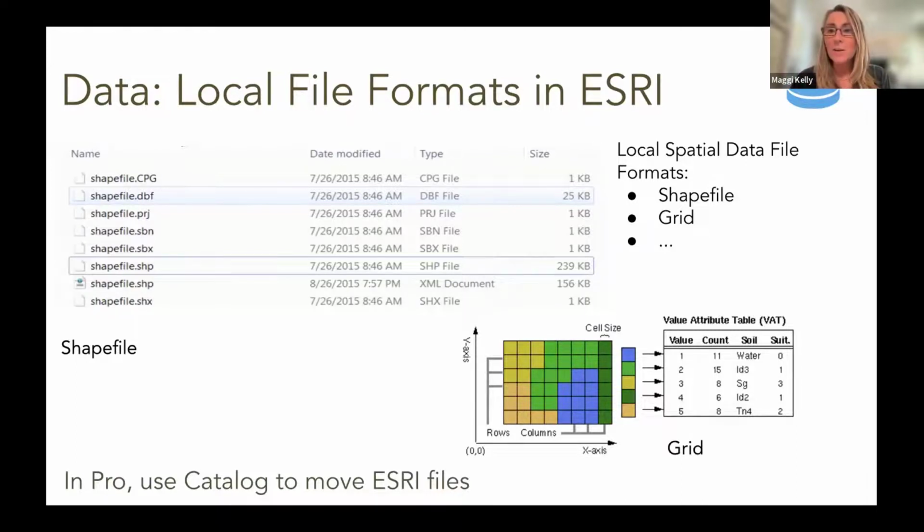And if you're brand new to GIS, don't even worry about this. You're going to encounter it maybe later, but local file formats are things like shapefiles or grids or geodatabases. You can email them to your colleagues in a zipped format. You can bring them into Pro. They're local formats. They are very traditional and we've been using them for decades.